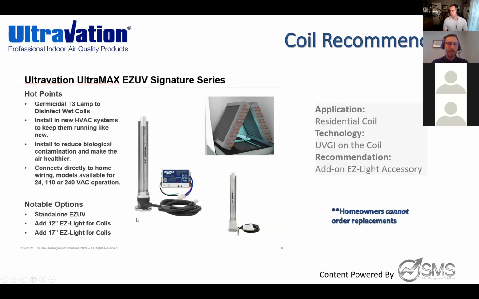It installs in new HVAC systems to keep them running like new, installs to reduce biological contamination and make the air healthier, connects directly to home wiring, models available for 24, 110, or 240 VAC operations. Notable options: standalone EZUV, add a 12-inch EZ light for coils, or add a 17-inch EZ light for coils.